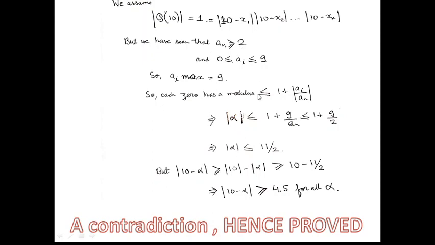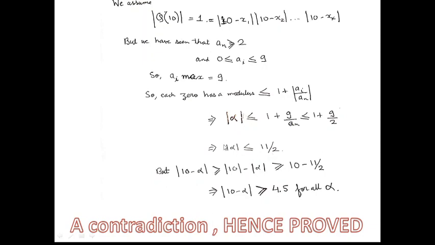So for each zero x1, x2, xk, anything that we represent here by alpha, the modulus of that root is less than or equal to 1 plus a_i max, which is 9, by a_n. For maximizing this, we take a_i to be 9 and a_n to be 2. So mod alpha is less than or equal to 1 plus 9 by 2, so mod alpha is less than or equal to 11 by 2.